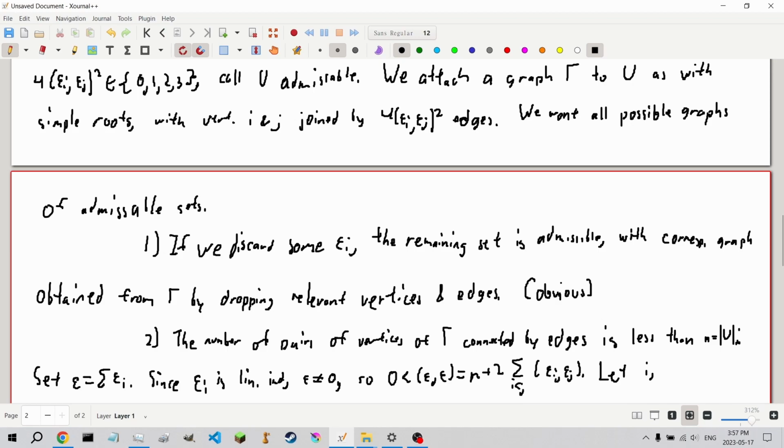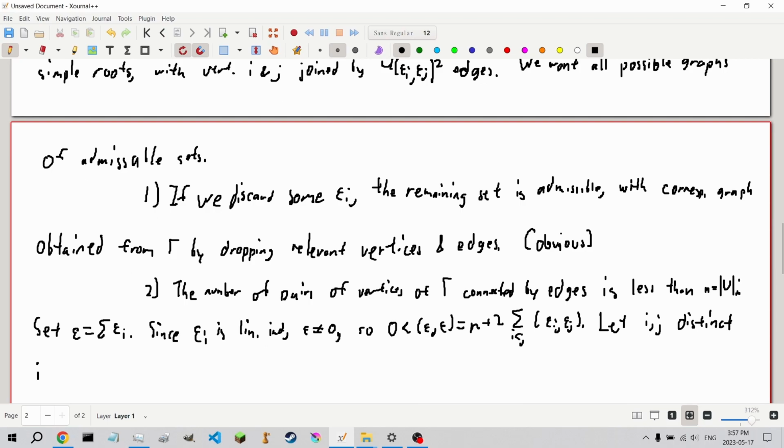So let i and j be distinct. Pick a pair of distinct indices with their form being non-zero. So i and j are joined.